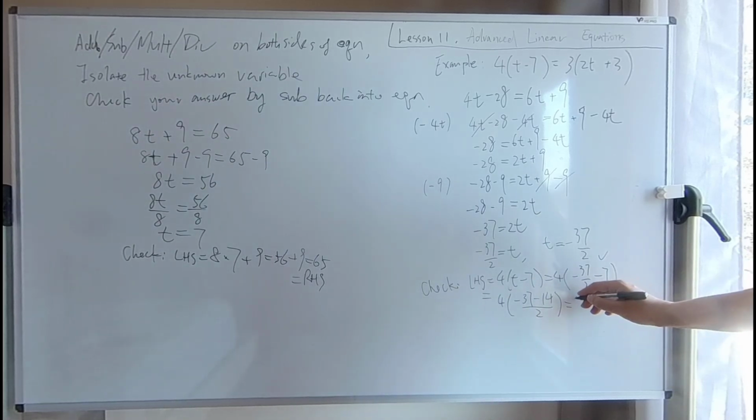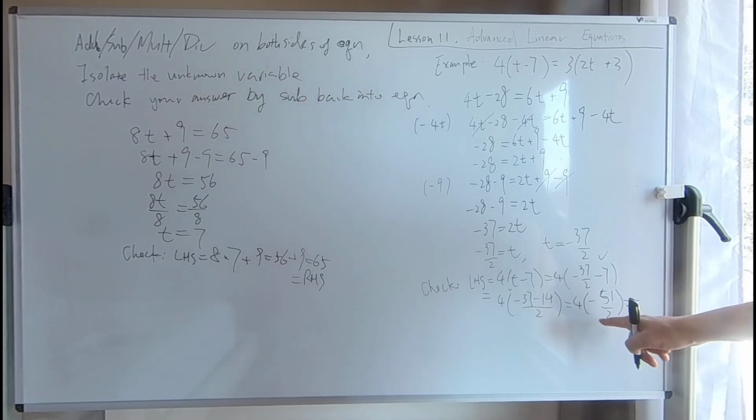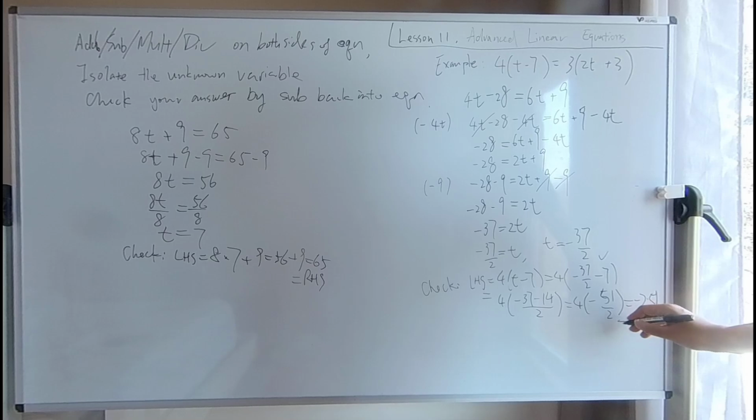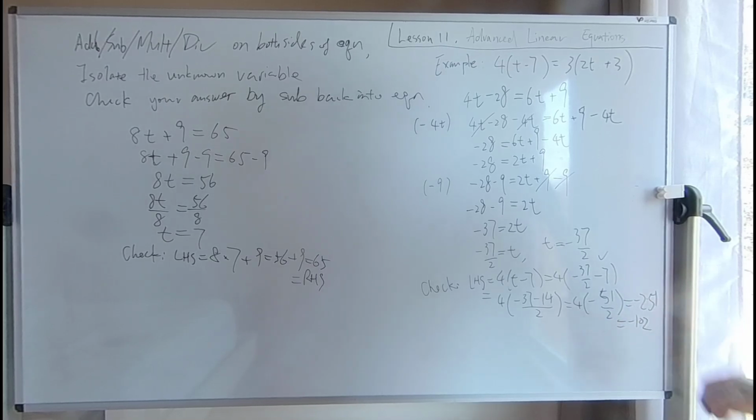So this is 4 times minus 51 over 2, so it's minus 4 divided by 2 is 2, so it's minus 2 times 51, which is minus 102.